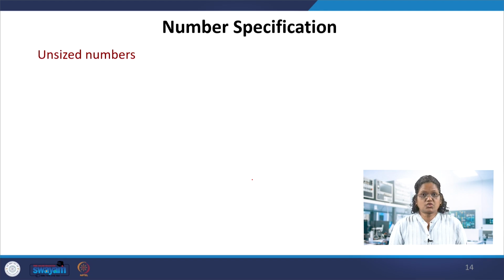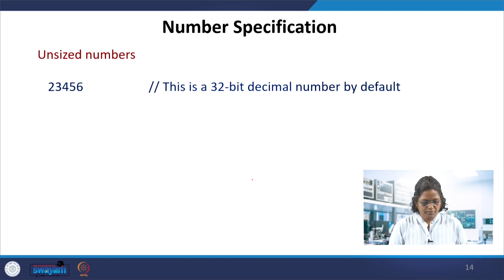And then unsized numbers, for example, 23456. If you write it like this, no bit size is mentioned, so it is a 32-bit decimal number by default.